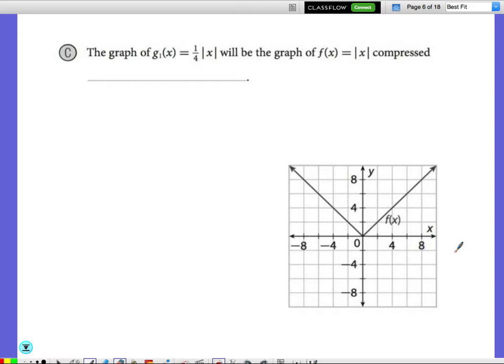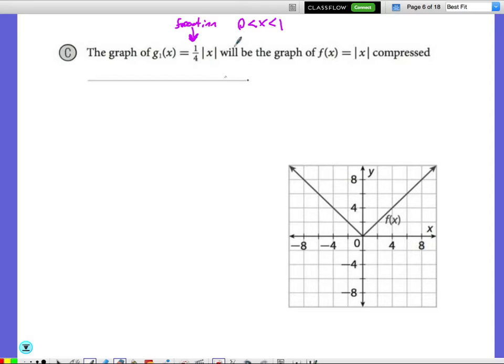So C is asking us to graph g of x, which is equal to 1 over 4 the absolute value of x, as the graph of f of x compressed. So notice here we have a number outside the absolute value, and specifically this is a fraction that is between 0 and 1.